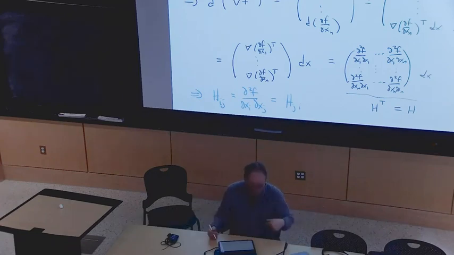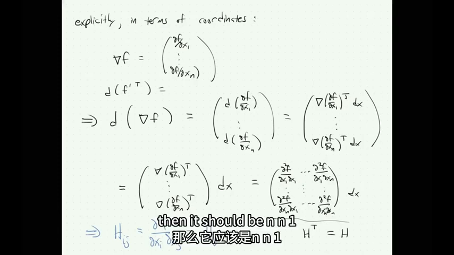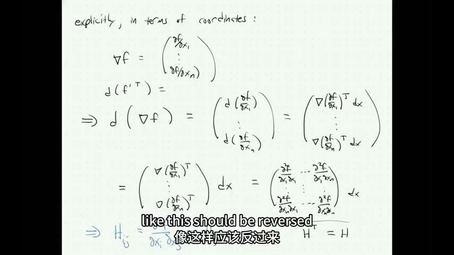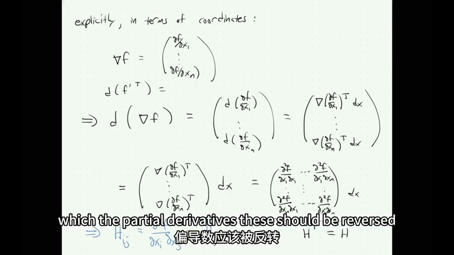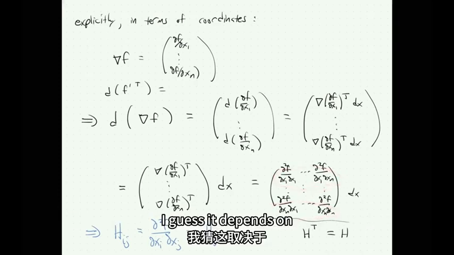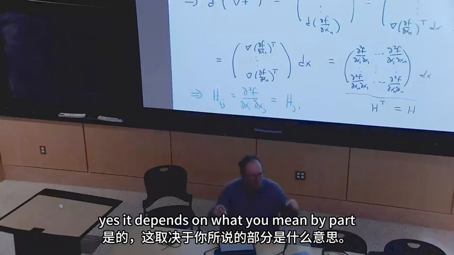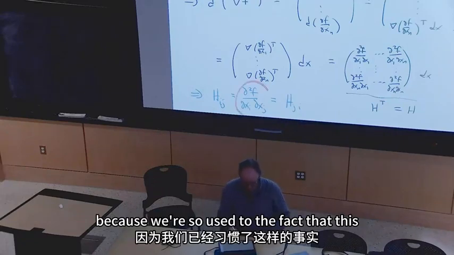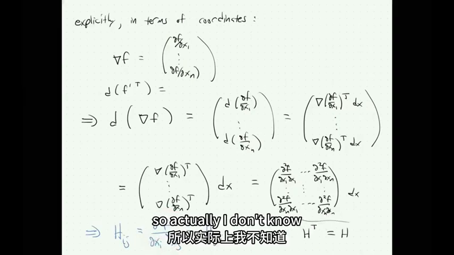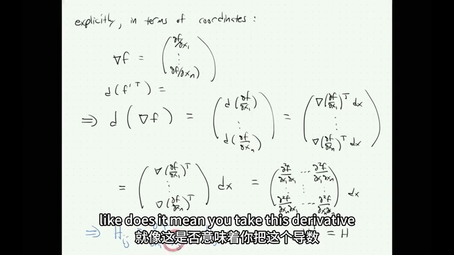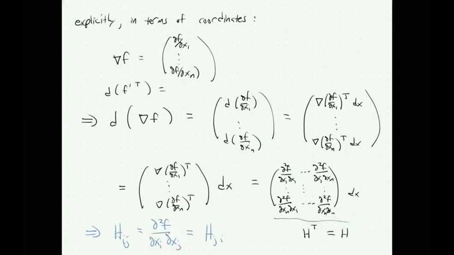Any questions? Yeah? Quick clarification. Then it should be n and 1, like they should be reversed, right? Just in the matrix itself. Yeah, technically. It depends on what you mean by the notation, because we're so used to the fact that you can take the derivative in either order. Does it mean you take this derivative, then this derivative, or the other way around?